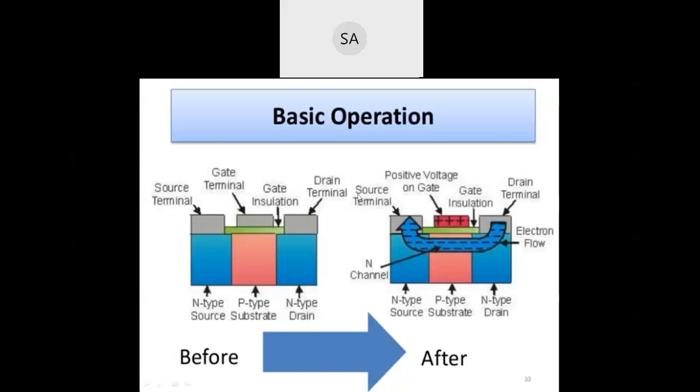So charge moves from the drain to the source, and this channel is diffused into the P-type substrate. This is the construction and how it is formed, as shown in the figure.